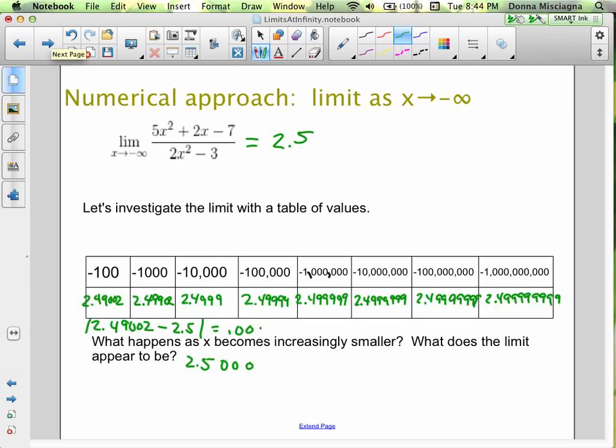I'm just too linear. 2.49002. So it's going to be 0.0002. I was right the first time. Oh, it was 8. Sorry. 0.0008, because this would be a 10.